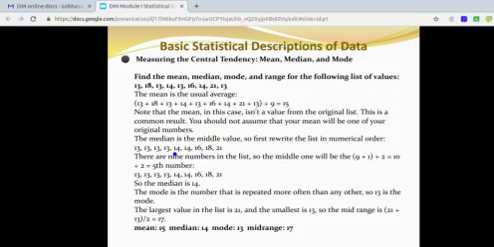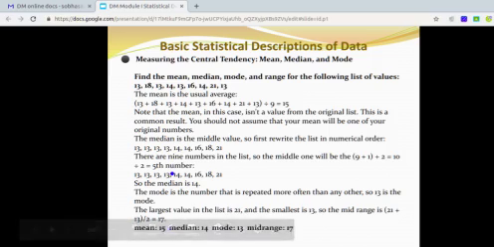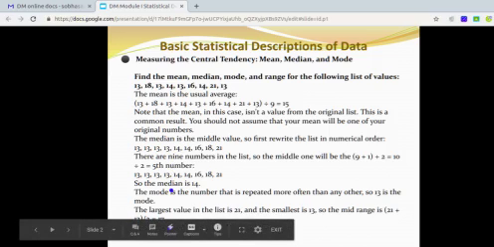If you have an even number of elements, suppose you have 10 elements present, then the middle value is the simple average of the 5th and 6th elements, and that is the median. And mode is actually the most repeated element in the list, that is of course 13.